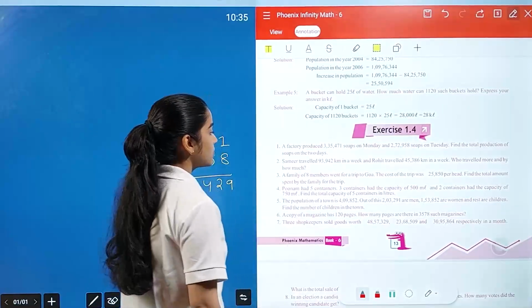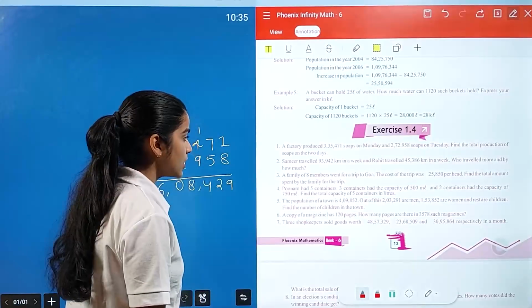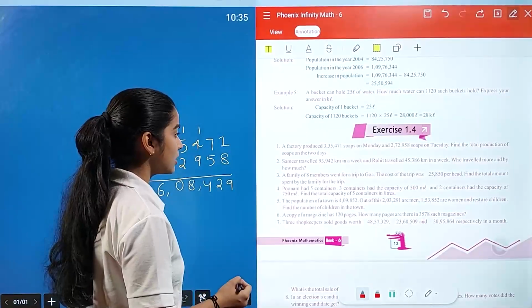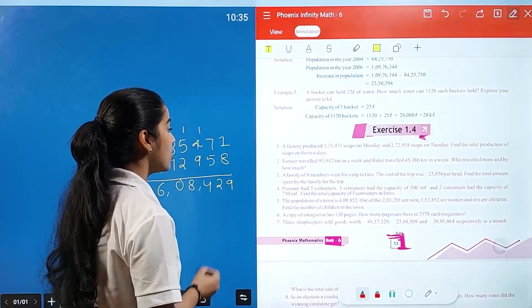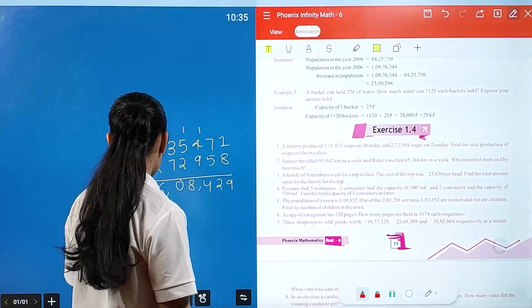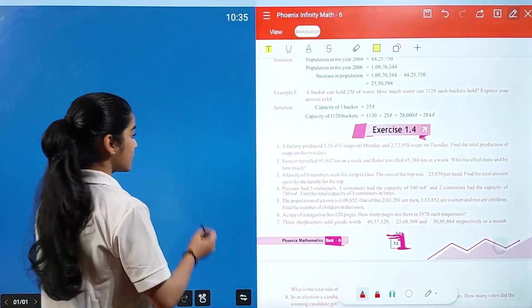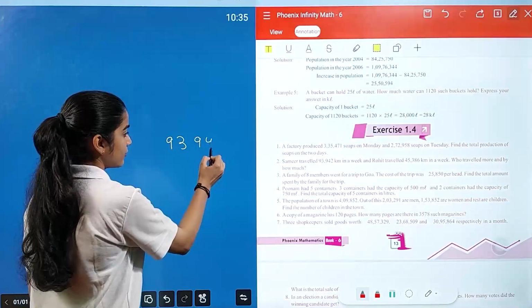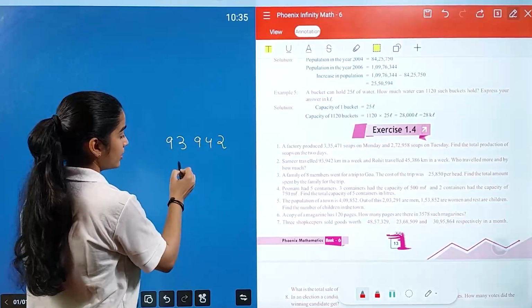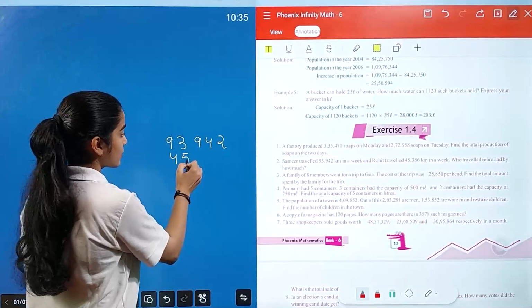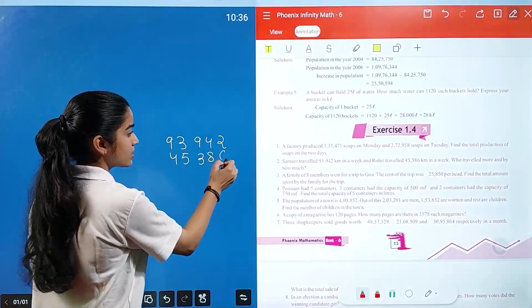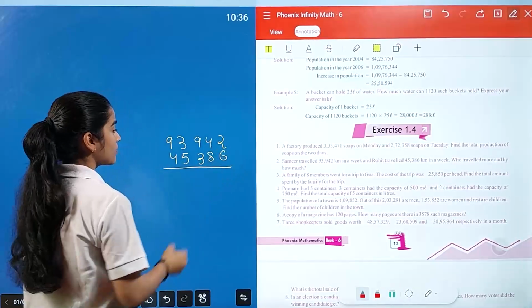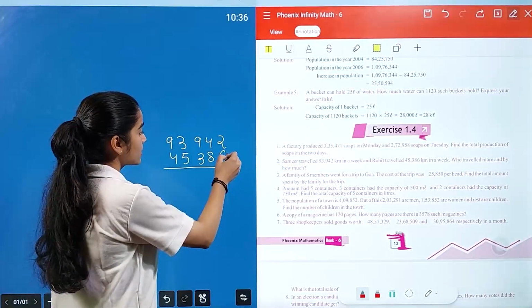Samir traveled 93,942 kilometers in a week and Rohit traveled 45,386 kilometers in a week. Who traveled more and by how much? So now you have to find the difference between them. 93,942 kilometer and 45,386 kilometer. We cannot minus 6 from 2.